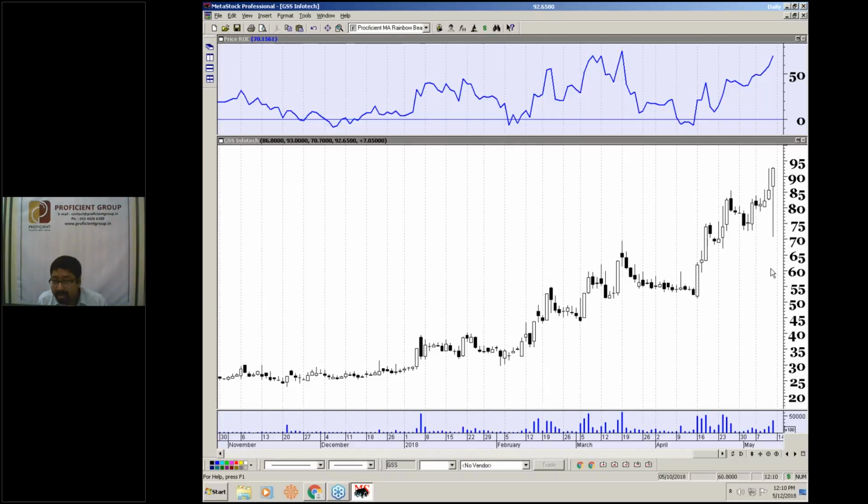And yeah, a series of higher bottoms is quite visible. Currently, it is trading at 93 odd levels. I'd recommend buying on a pullback at around 85 odd levels.